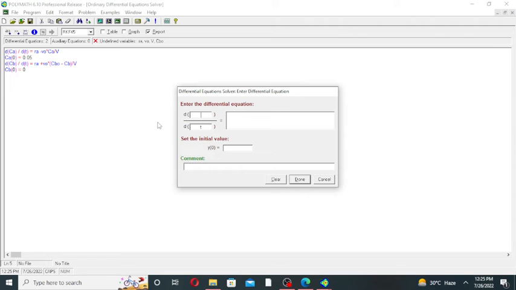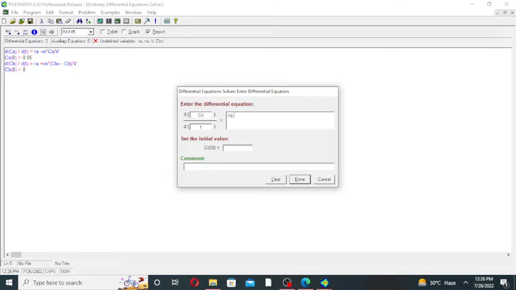Enter the third differential equation, dCC divided by dt. The third differential equation is dCC by dt is equal to RC minus V naught into CC divided by V. In place of RC we can write minus RA, because from relative rate we know that minus RA is equal to minus RB is equal to RC is equal to RD.